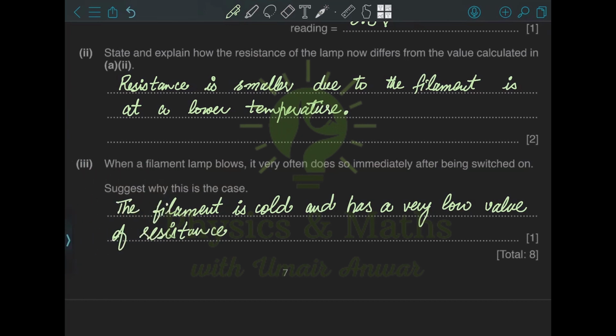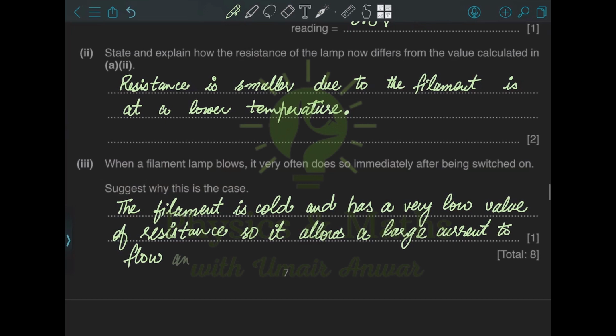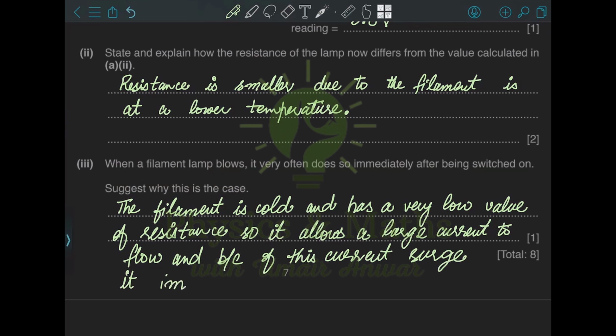and because of being at low temperature, the resistance was low. And a very low value of resistance allows a large current to flow. And because of this current surge, it immediately blows.